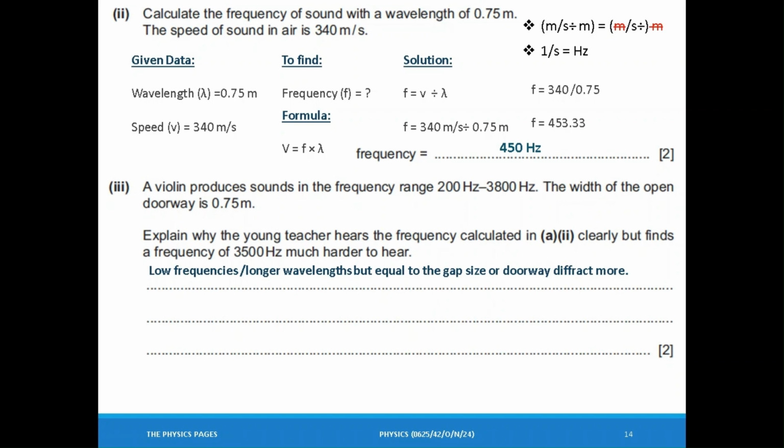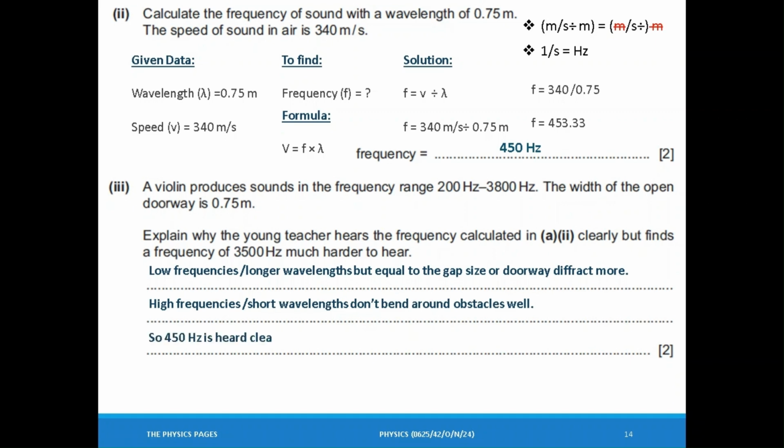Waves with longer wavelengths, which correspond to lower frequencies, bend more effectively if their wavelength is similar to the size of the gap. The frequency we calculated earlier, 450 Hz, has a wavelength close to the width of the doorway, allowing it to diffract easily.